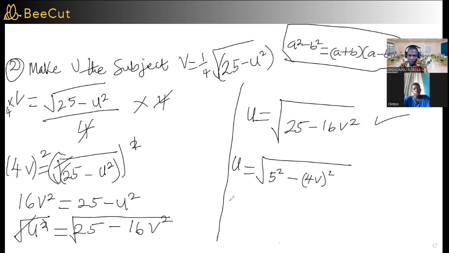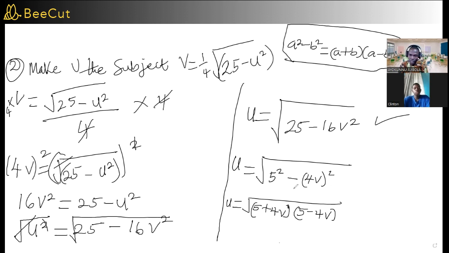That means what I will have here finally is going to be square root of 5 plus 4v into 5 minus 4v. This is just going to be so, because we cannot simply go and cut the root on top of it.